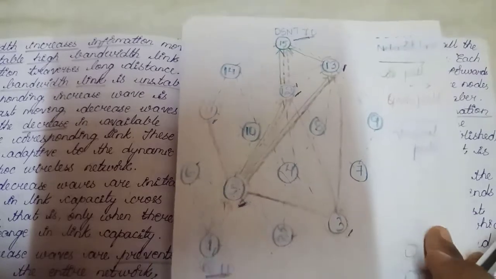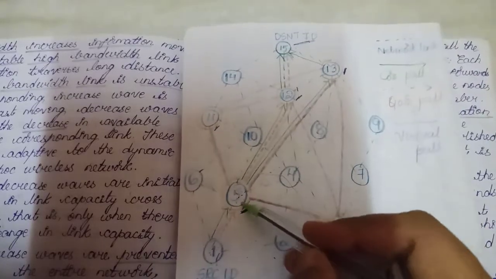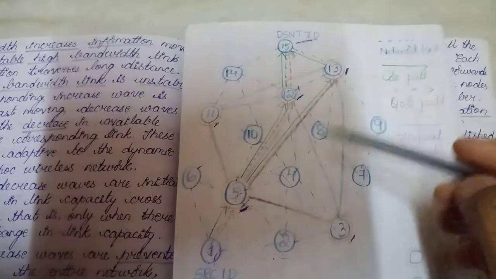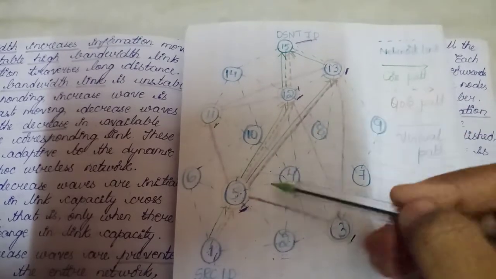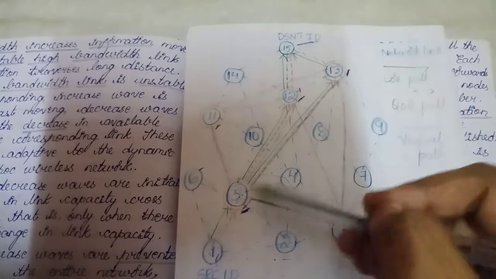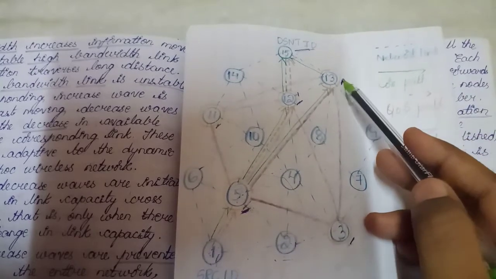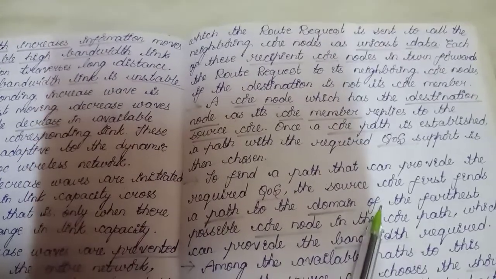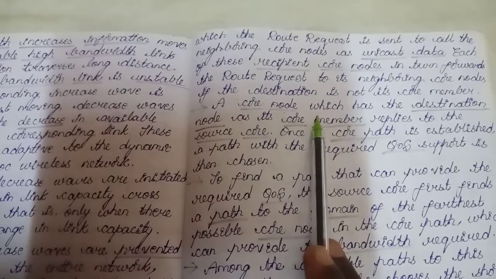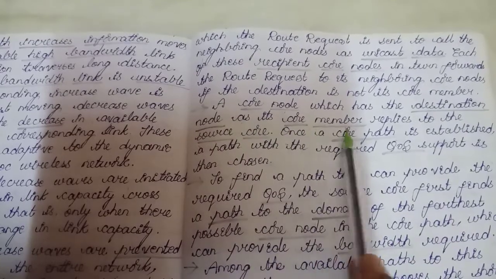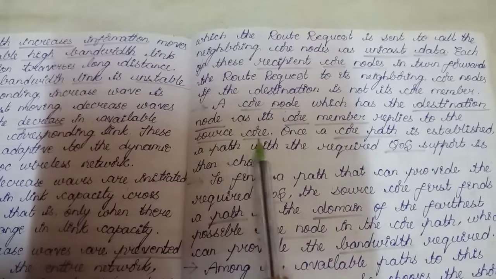See here, 5 sends the route request packet to all these core nodes, right? If they have got that route request packet, then they will send the route reply packet if they have information regarding the destination node. A core node which has the destination node as its core member replies to the source core.